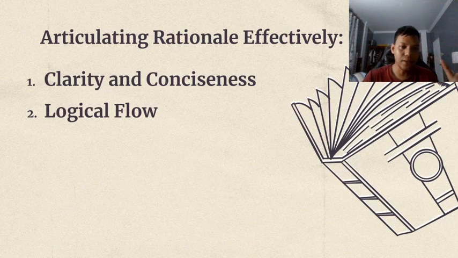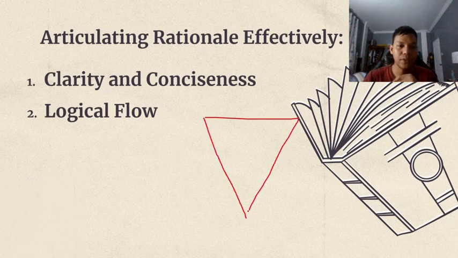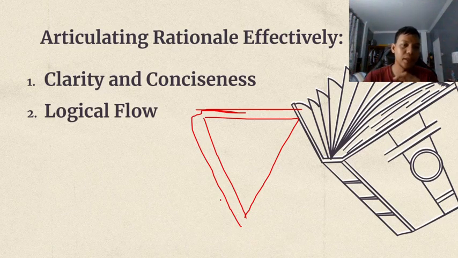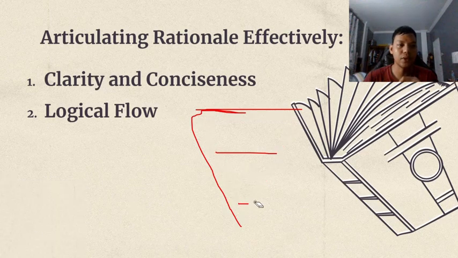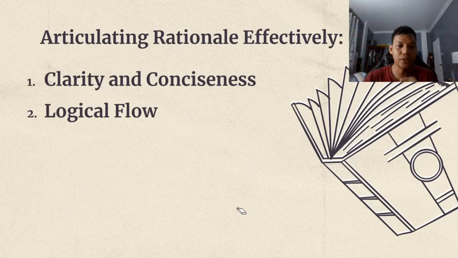So from general to specific, just like the inverted pyramid. That's also important, that you need to have this logical flow, from broad idea to specific. This is one of the important components of your rationale.